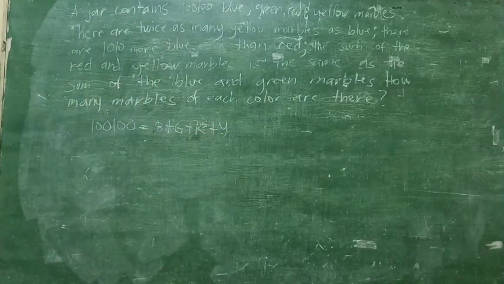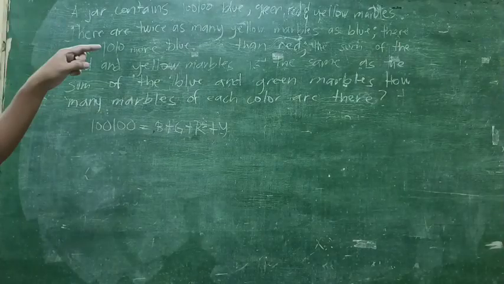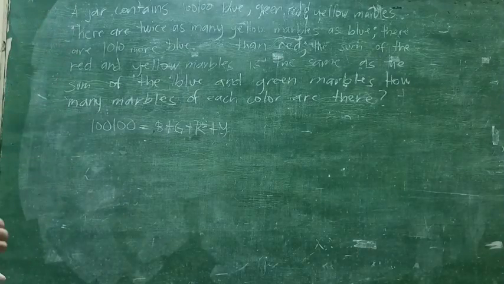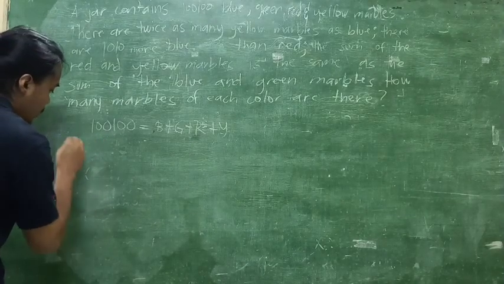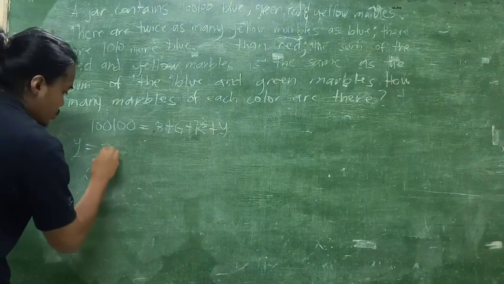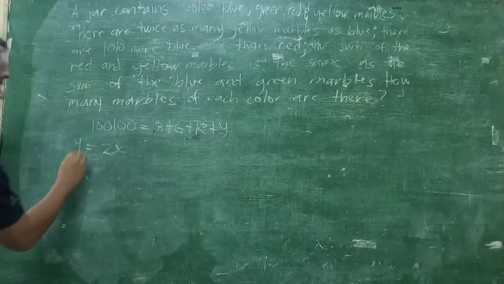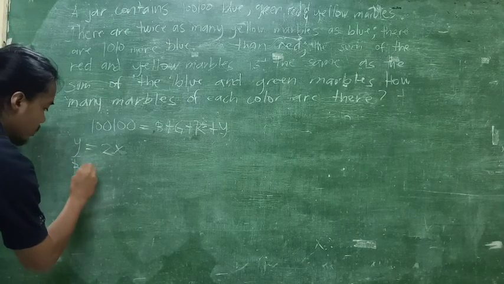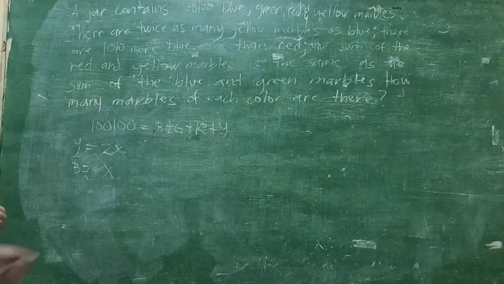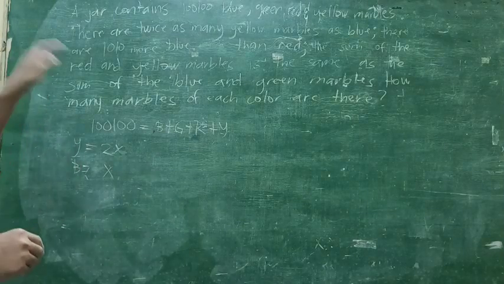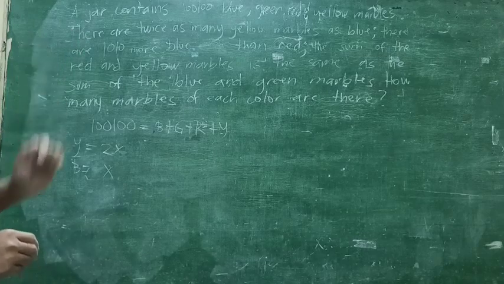Okay? Then, there are twice as many yellow marbles as blue marbles. So, twice as many. When you say yellow marbles is equal to 2x, the blue marbles is equal to x. Okay, then moving on, there are 1,010 more blue marbles than red.